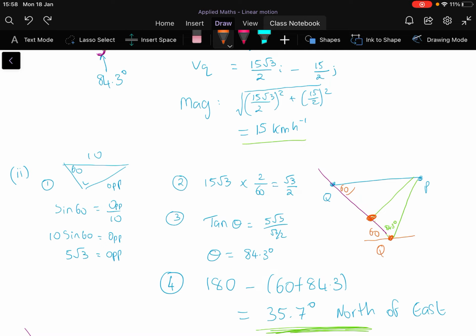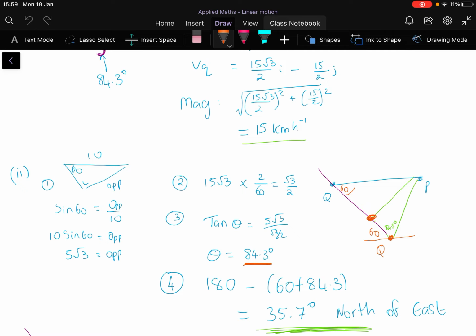So all I've done there in those 3 steps is I have found my shortest distance. I have then used the fact that I know the speed of this line here, and I know how long I've gone, which is 2 minutes, to find what this distance was here, and it was √3/2. And I've used both of those to find that angle there of 84.3.